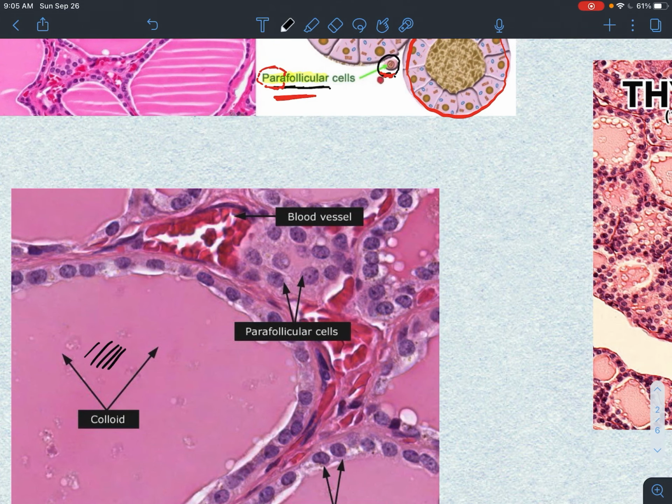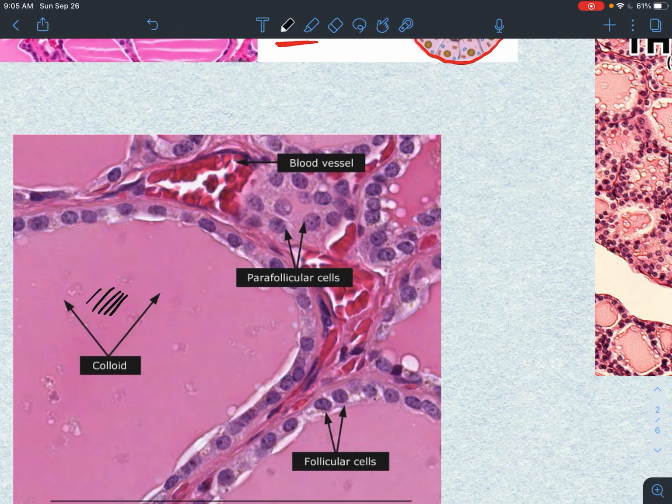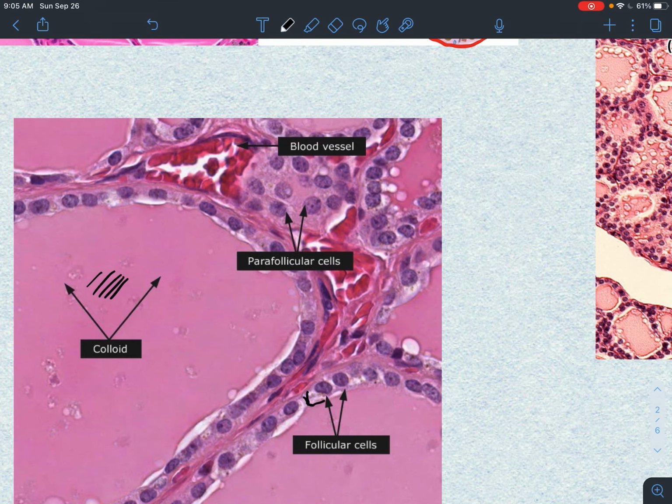We've got the follicular cells, those cuboidal cells are the follicular cells, right? Making that border.